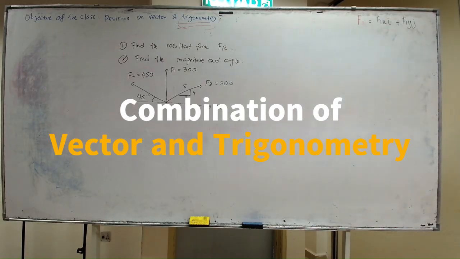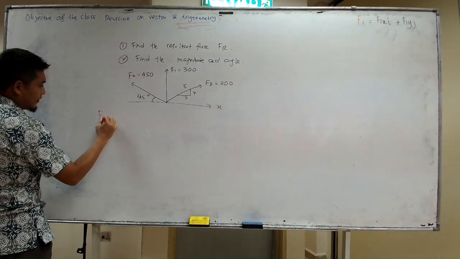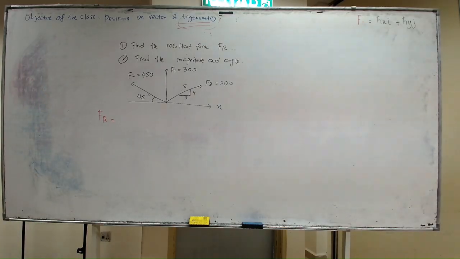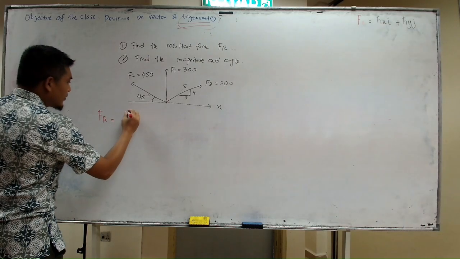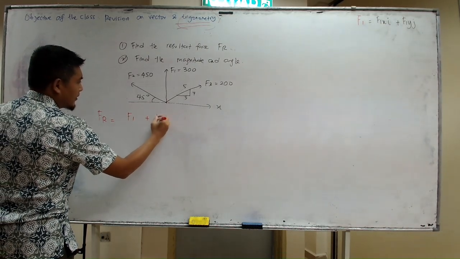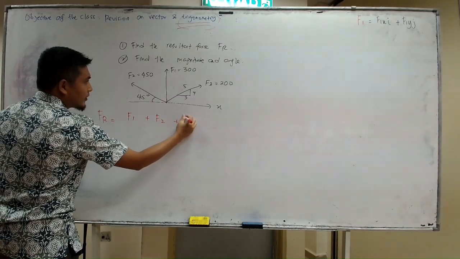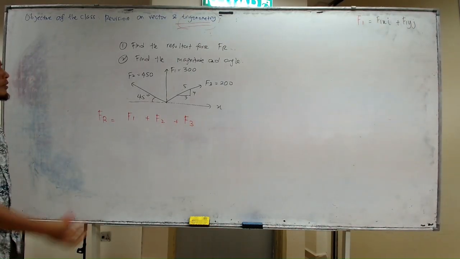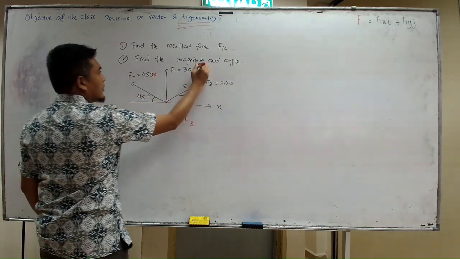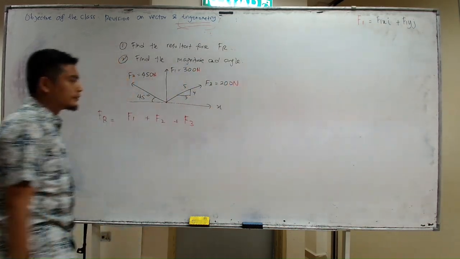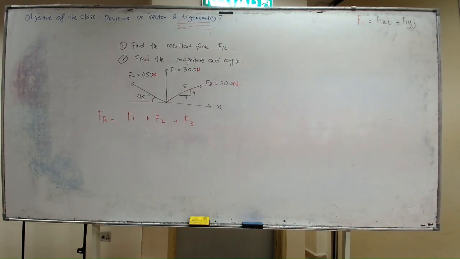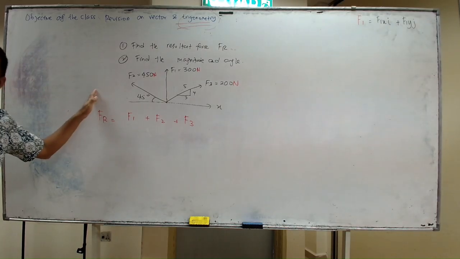So our target, we want to find FR, right? So the FR is the combination of F1 plus F2 plus with F3. Okay. Firstly, what you need to do is don't panic. You look at this question, please don't panic.